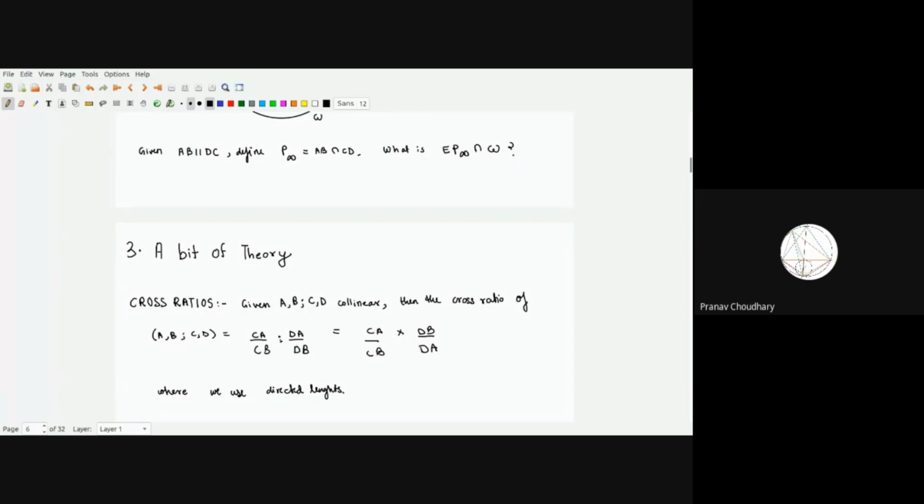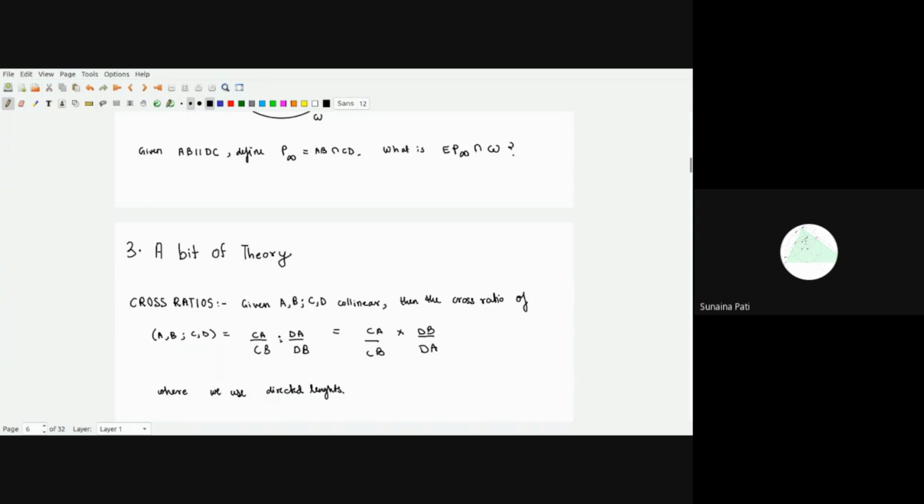Ma'am, are they in the same sequence? Yeah, they should be in the same order, A, B, C, D. That's how you have defined it.